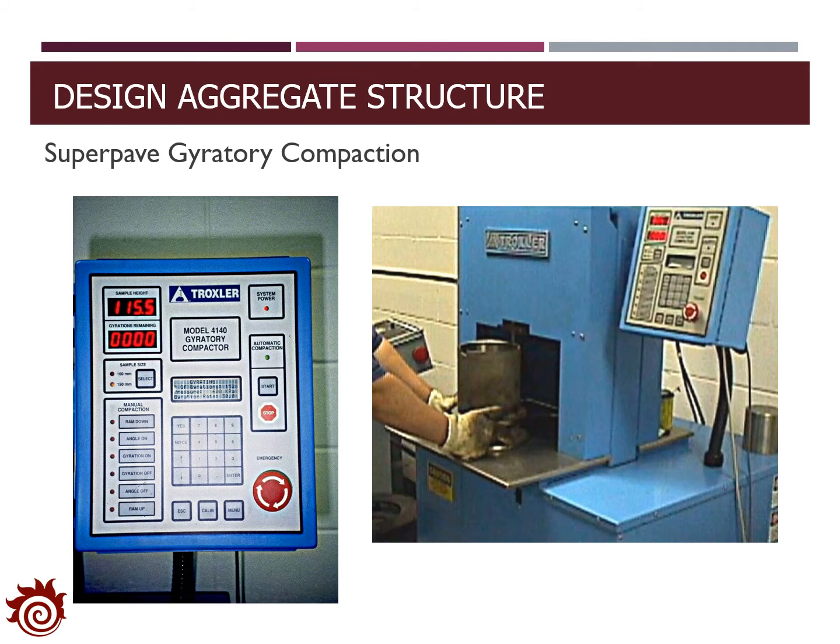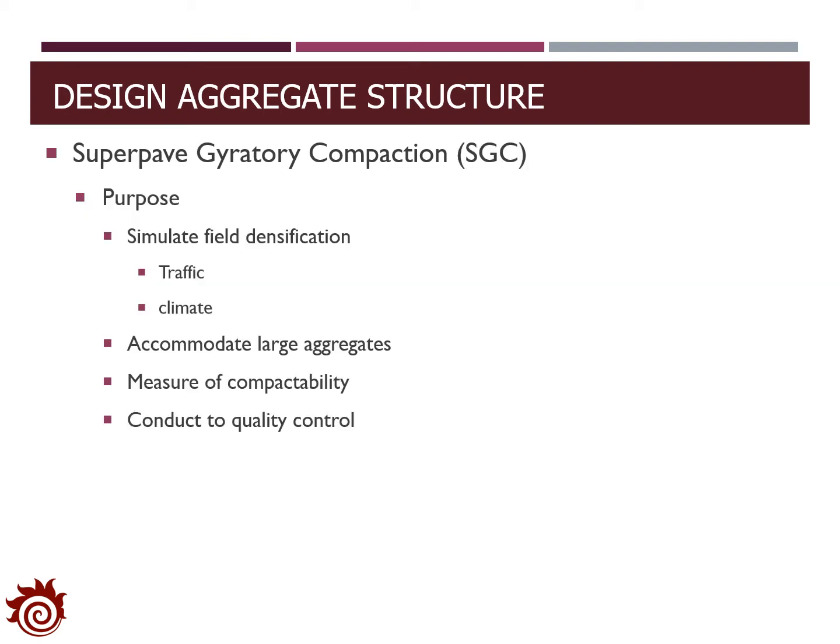The figures here show the examples of the machine applied for the Superpave gyratory compaction. This is actually the third experiment we will do in this class. The Superpave gyratory compaction (SGC) is applied to simulate the field densification of the asphalt mixture. It's able to analyze the impact of the repeated traffic load and climate change on the road pavement.